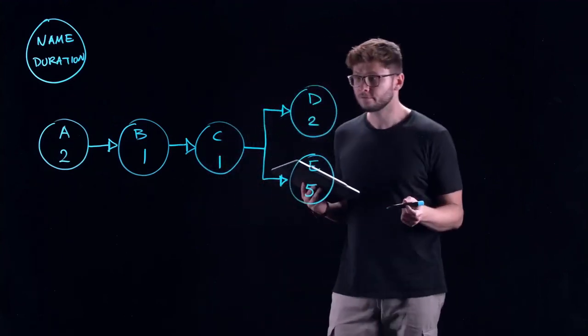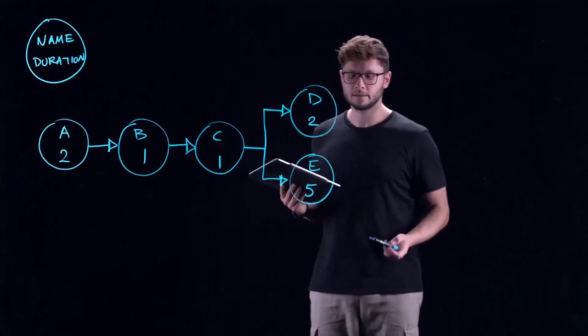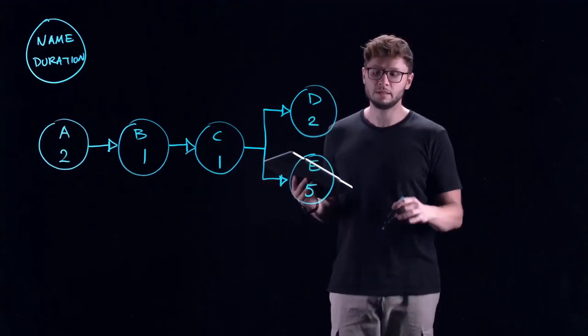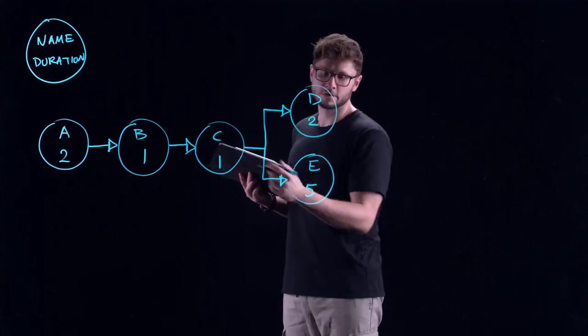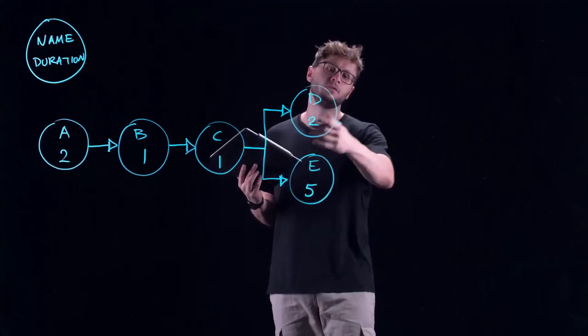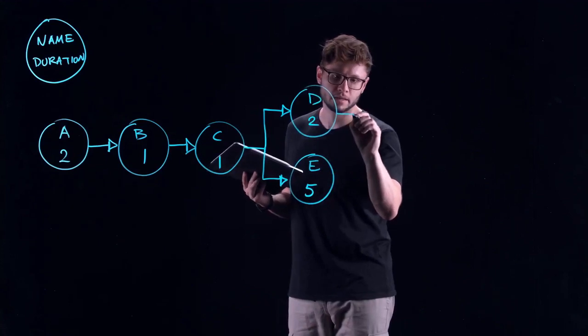Now, activity F requires that both activity D and activity E be completely finished in order for it to start, so now we're going to do the reverse of what we did with C to D and E, and we're going to merge them back together.